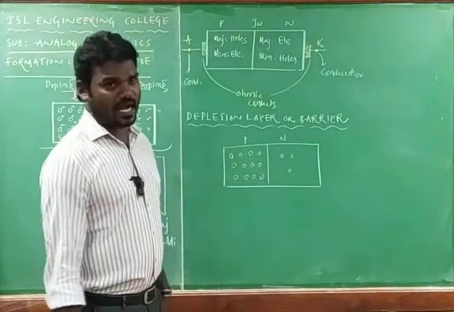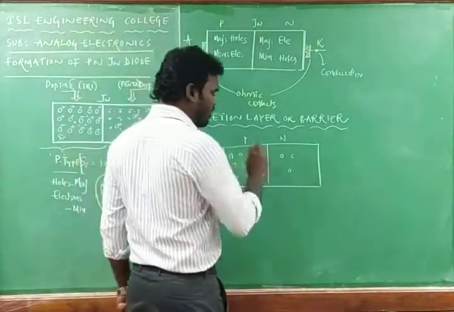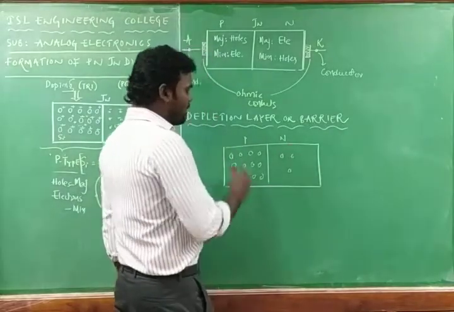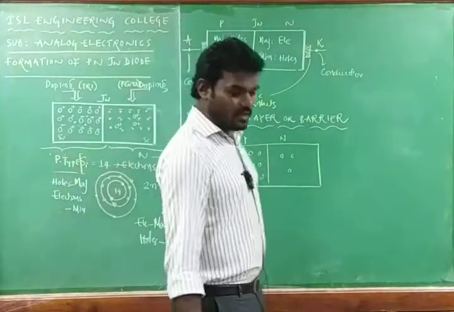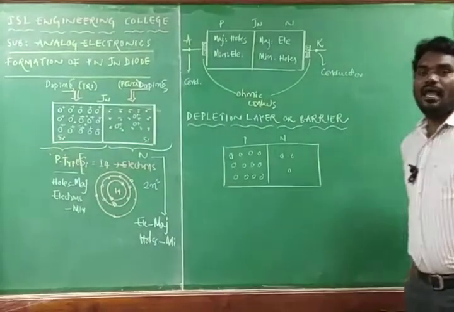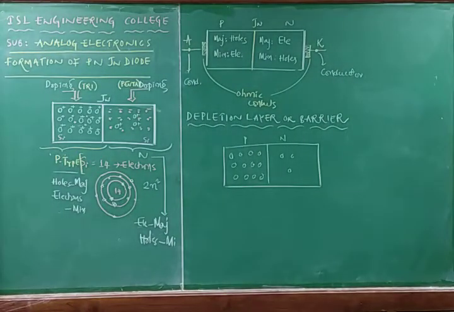there exists a concentration gradient. That means what? This is having more holes than this one. P-type semiconductor is having more holes than the N-type semiconductor, whereas N-type semiconductor is having more electrons than the P-type semiconductor.